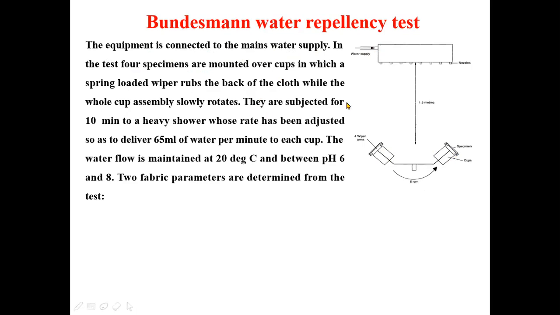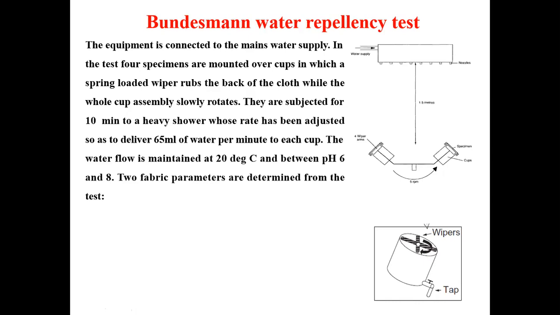Behind this cup, there are spring-loaded wipers, and these wipers continuously move. This simulates the condition of our body movement. That means, to the best possible extent, we have to simulate the practical situation under the Bundesmann water repellency test.